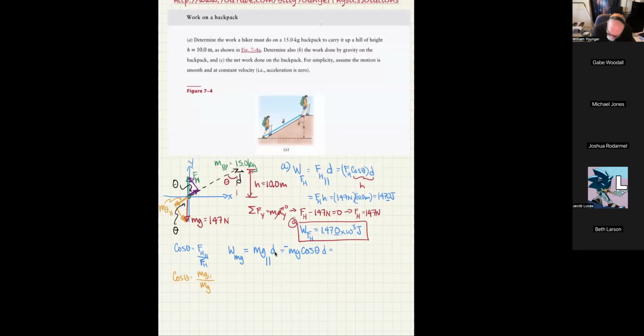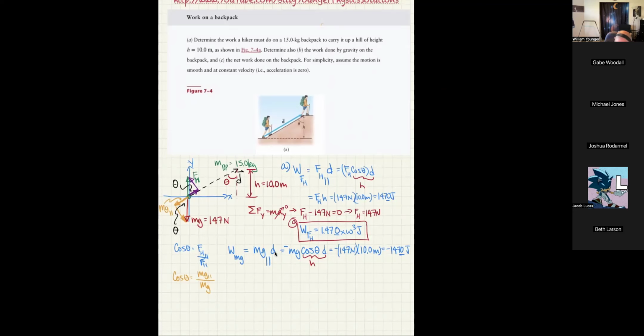Again, what we learned was cosine theta times D is actually equal to H. So now we can write negative 147 newtons times 10.0 meters is equal to negative 1,470 joules, but we're not allowed to count that zero as a sig fig.